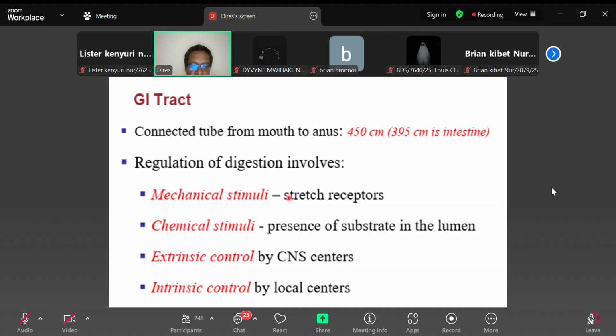Okay, so these are the major receptors. After detection, there is a response, there is integration, the control center. Where do you find the control center? Can you tell me? Where do you find the control center?